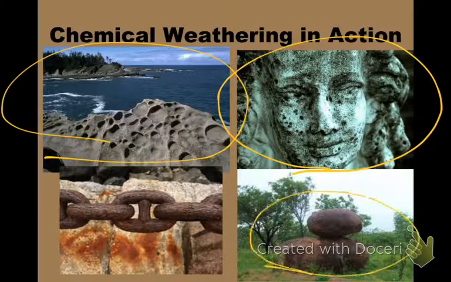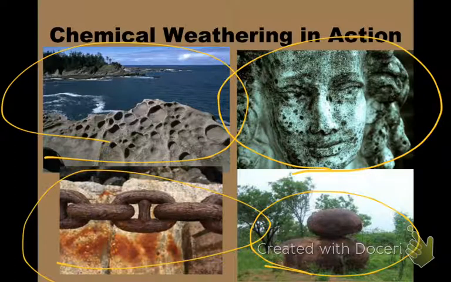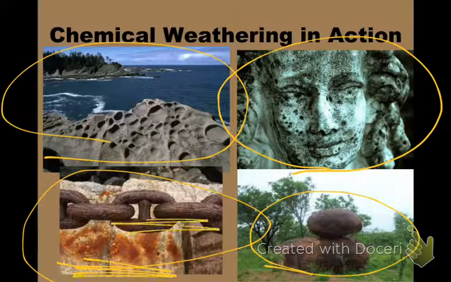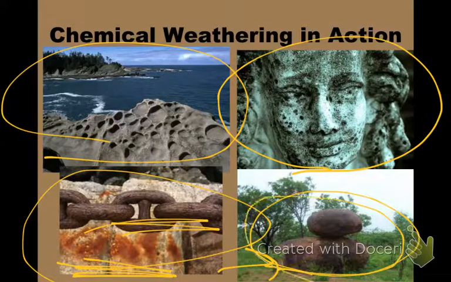Now, this one and this one as well are both really showing you an example of oxidation, because you can see the rust that's left on the rock as well as the chain, that rusty color. But with these other ones, you can see these boulders have turned into a very curved surface.